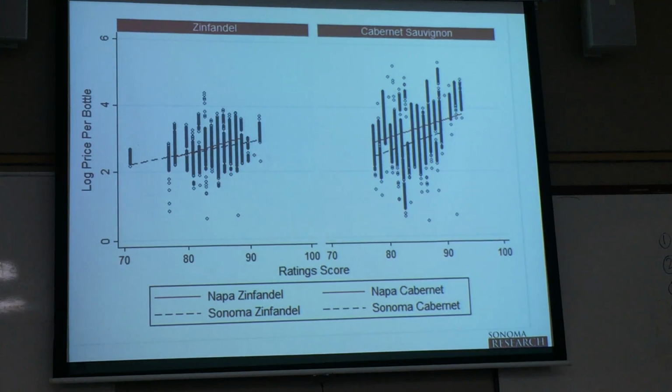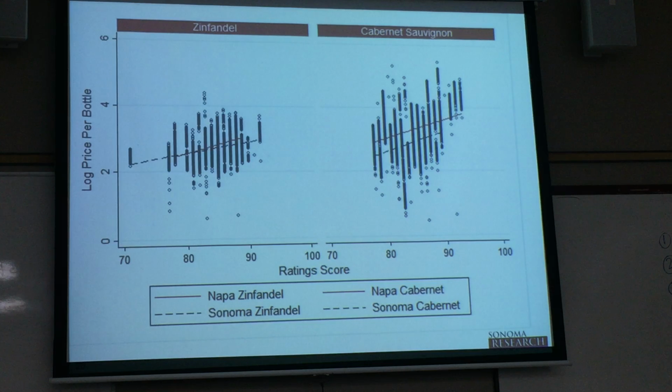We'll have one for Napa, and we'll have another equation, beta 0 plus beta 1 score, for Sonoma, and we know what all the coefficients are. But we want to predict for a specific score. Remember, we want to hold quality constant. So to hold quality constant, all we do is pick a score. 85.